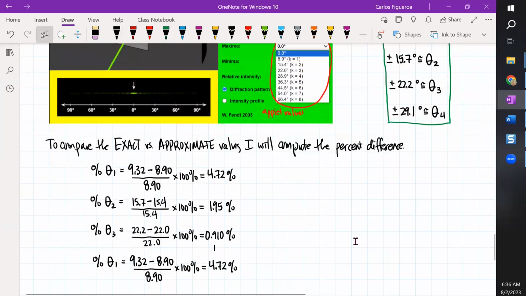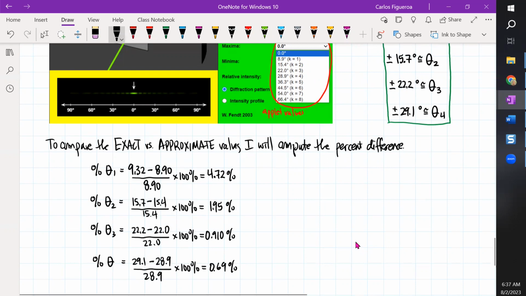And then if I go to 4, we see that our values here are going to be 29.1, whereas 4 here is 28.9, but 28.9 is the real value, and you now get a value of 0.69%.